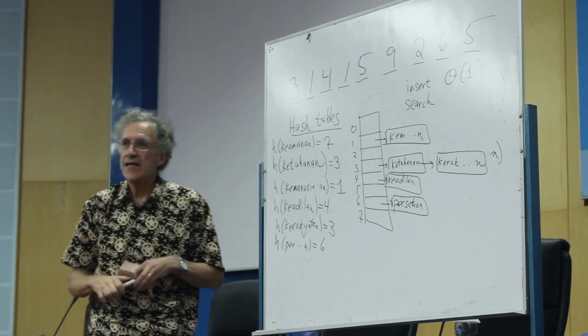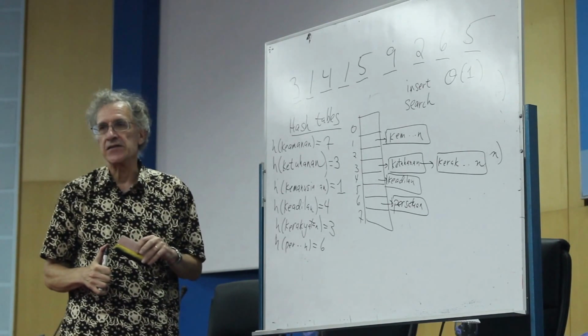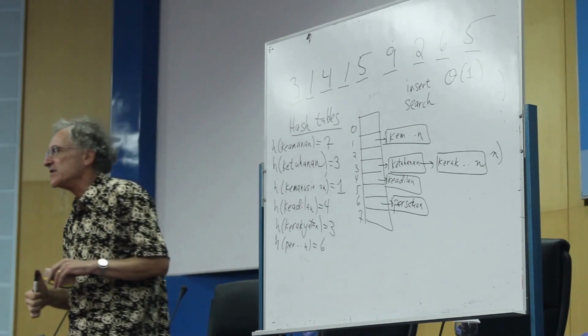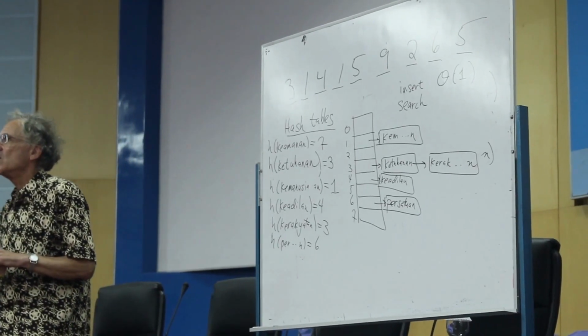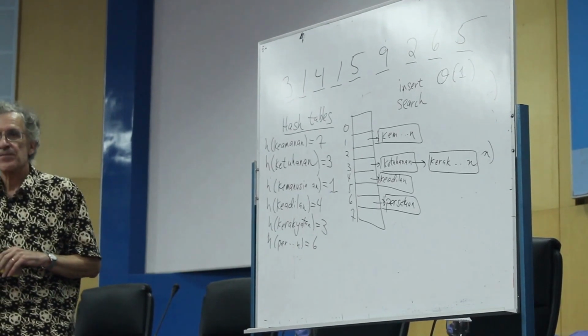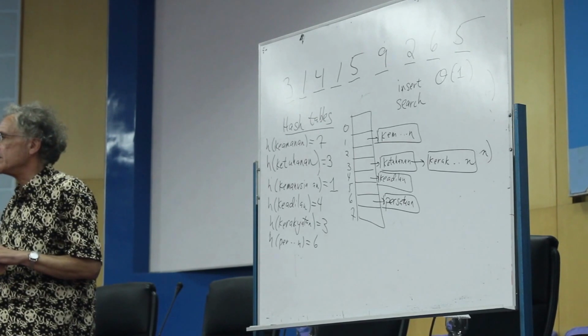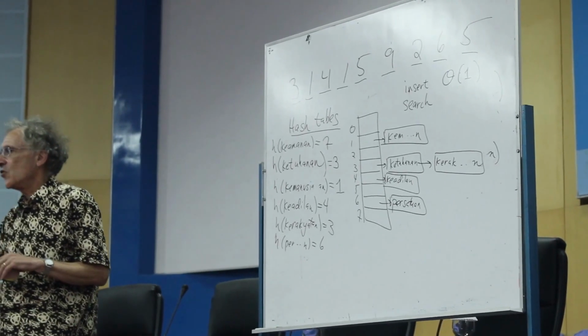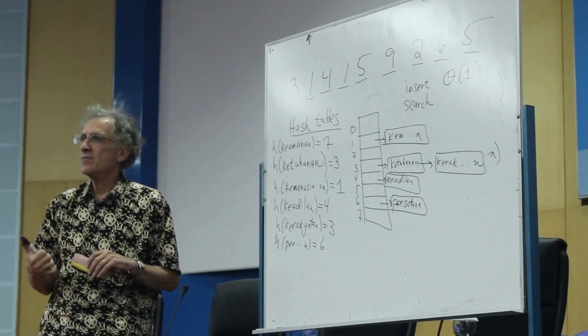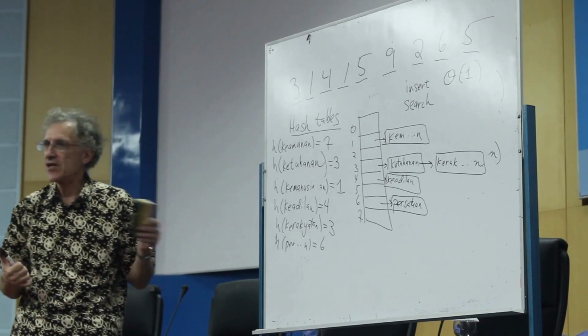This data structure is used in compilers. When you write a program in C or C++, you have variables. The compiler must remember how you declare the variable. Is this int or float? It remembers that, in a hash table.